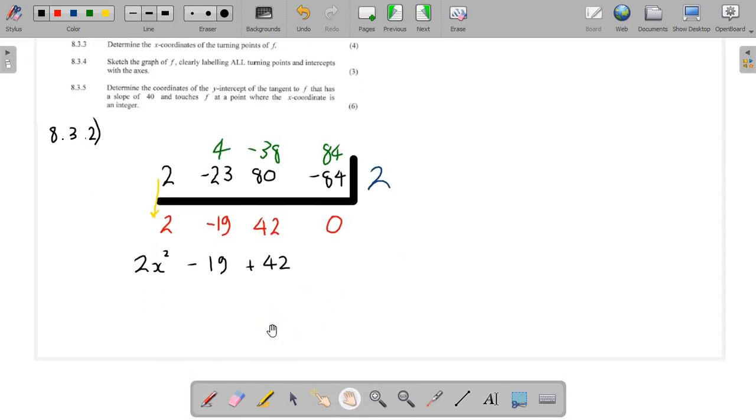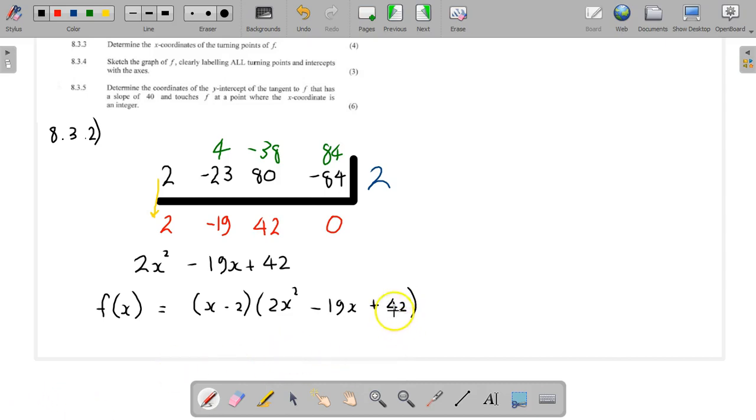And so what I can do is write that f of x is equal to x minus 2 into 2x squared, and there's an x there, my apologies, minus 19x plus 42.